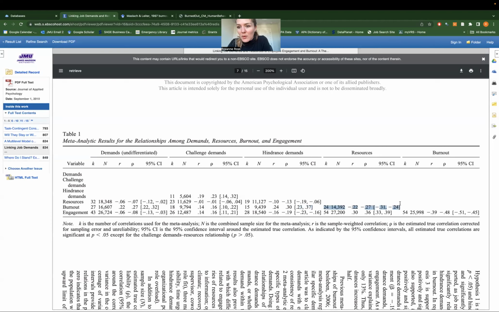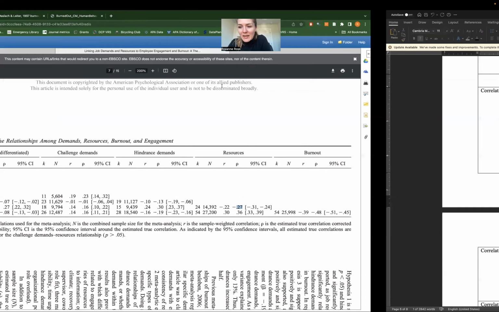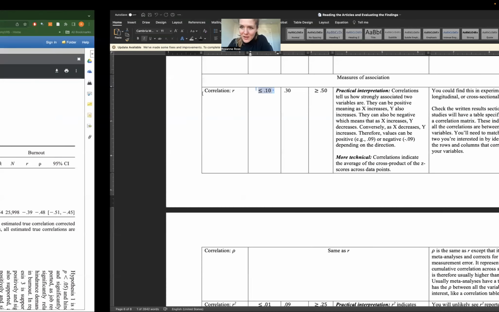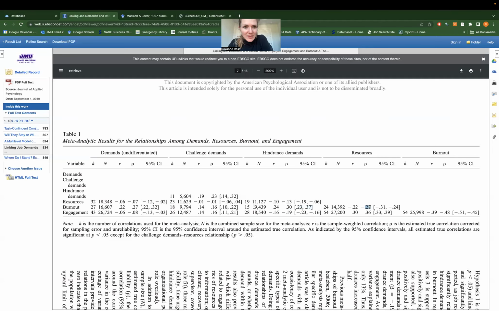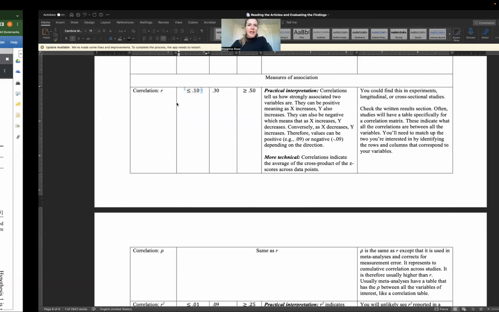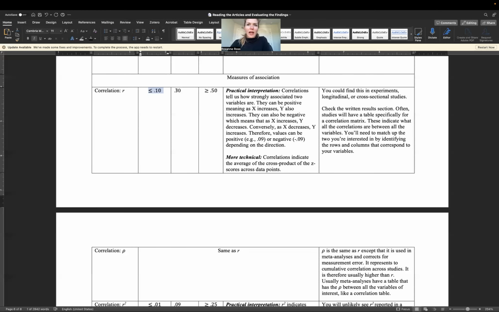Then we can do the same thing for resources. And we see here that resources have a negative relationship. That makes sense. It's 0.27, oddly the same relationship as the challenge demands overall for rho, negative 0.27. And these interpretations work in both positive and negative forms.